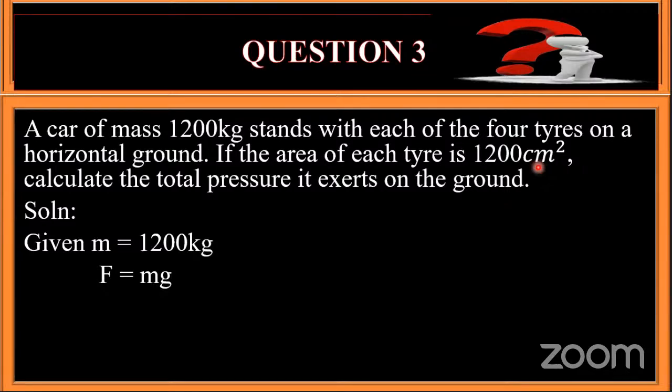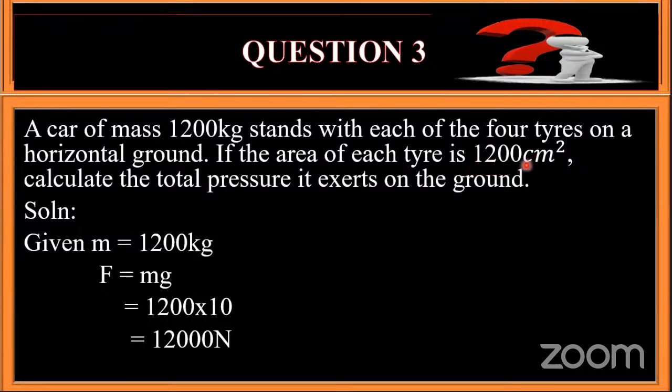So we say the weight equals mg. So it will be 1,200 times 10, which gives us 12,000 newtons. That is just the force. Then we have the area. We have the area of one tire is this one.